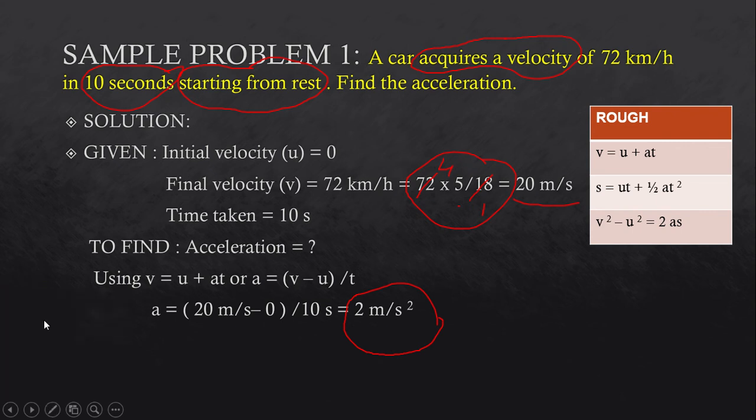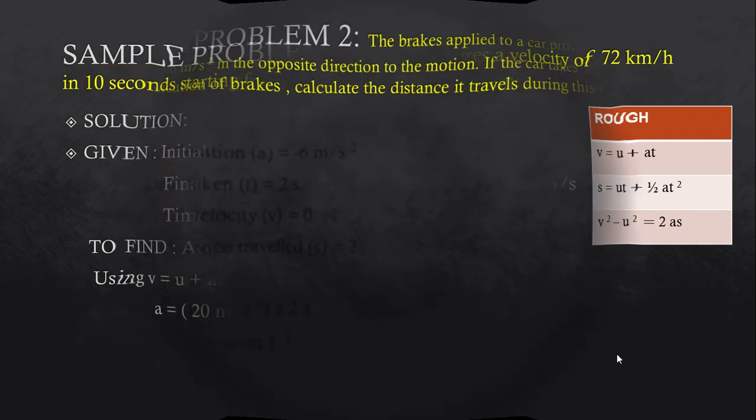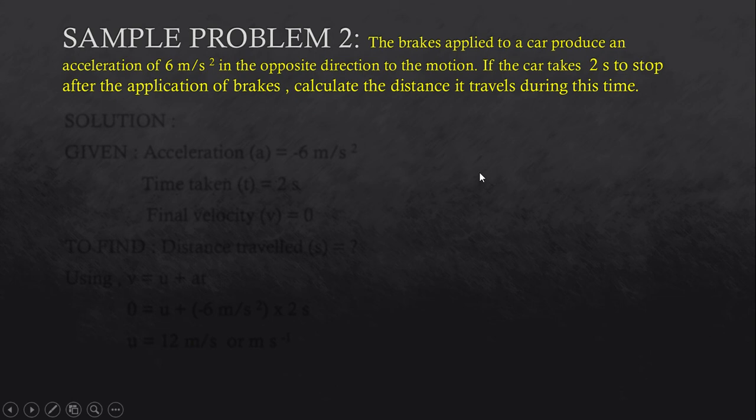Now we will be moving to the next sample problem. Let us read the problem at first. The brakes applied to a car produce an acceleration of 6 meter per second square in the opposite direction to the motion. If the car takes 2 seconds to stop after the application of brakes, calculate the distance it travels during this time.